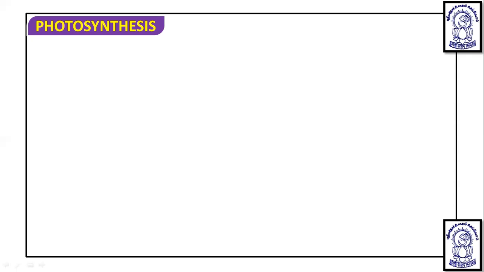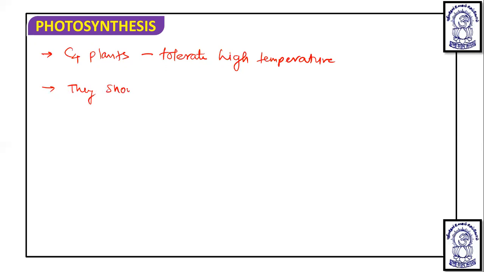Now if we talk about the plants in which this C4 cycle takes place, it is known that C4 plants tolerate high temperature. And they work at a high temperature, so they are found in tropical climates. They show response to high light intensity.